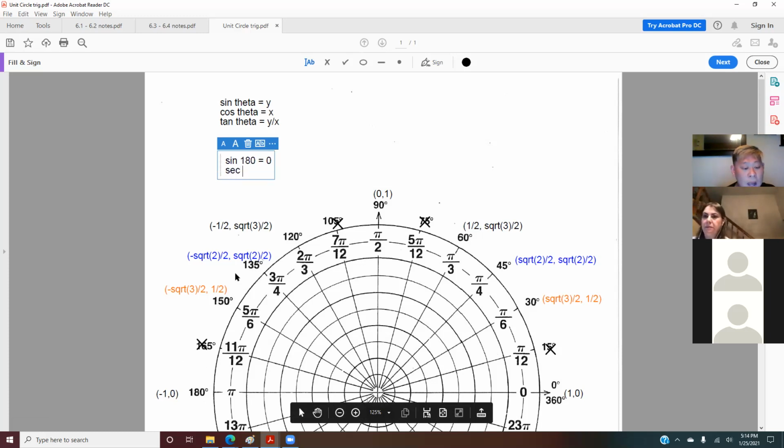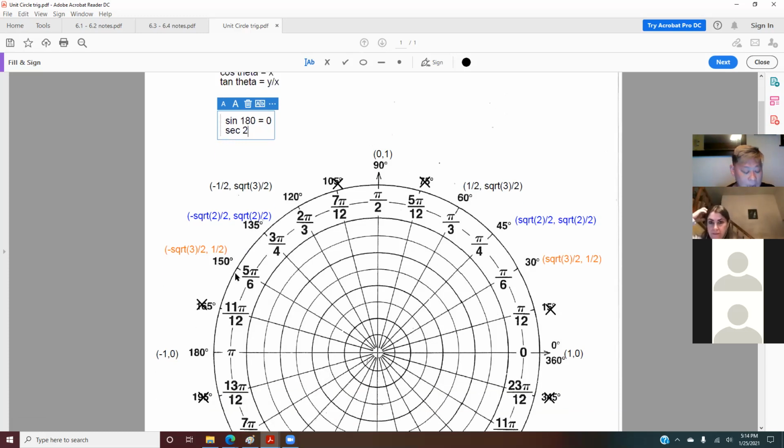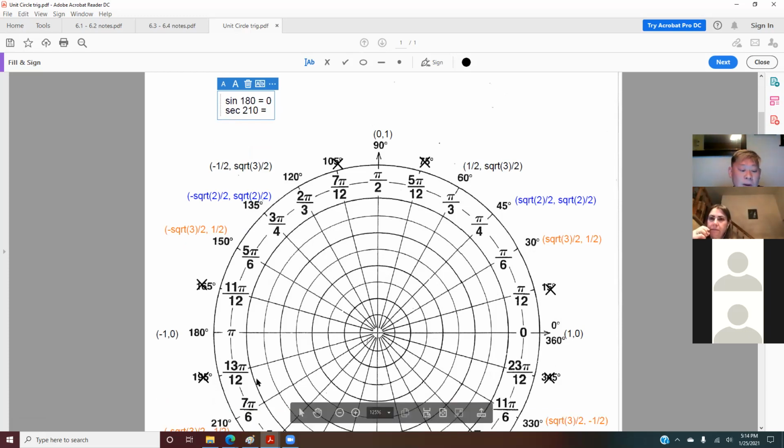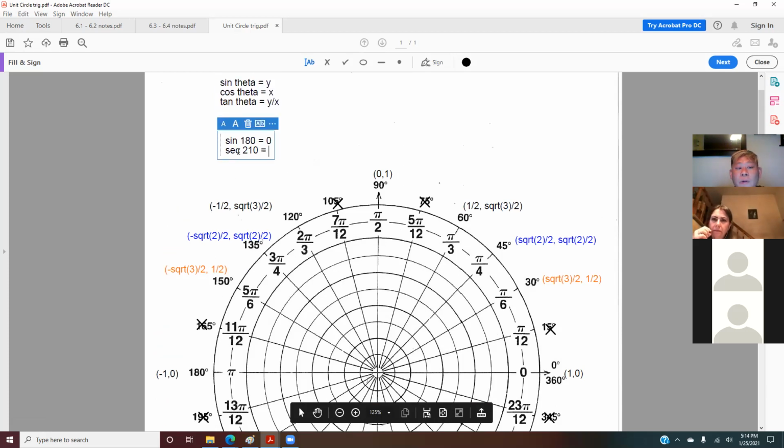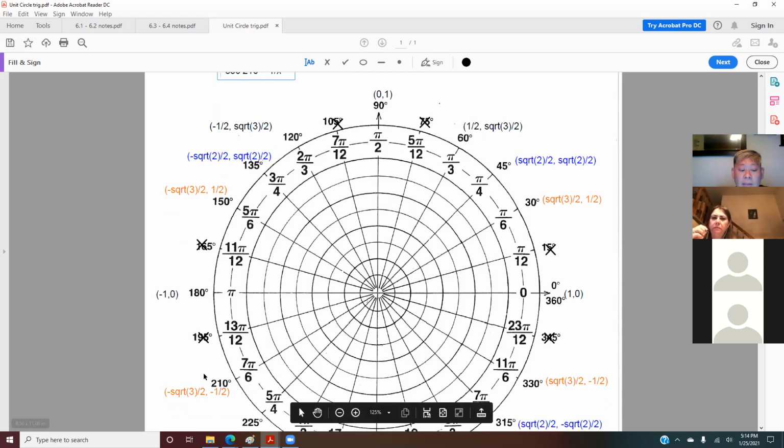Secant of 210 degrees. So 210 is this one. Secant is the reciprocal of cosine, right? Which is 1 over x. And what's the x value for this case? So x is this value, negative square root of 3 over 2.